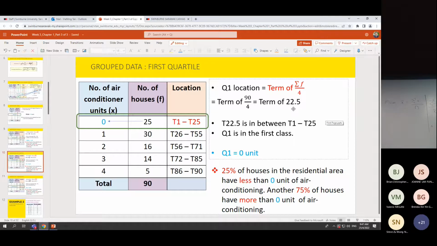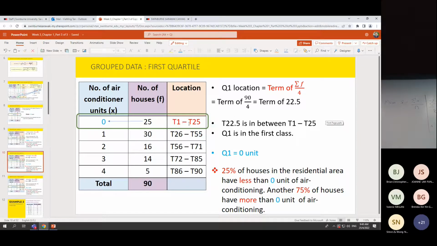So far so good? The next step is to identify which class is the Q1 class. Let's start from class 1. Class 1 is from T1 to T25, and your Q1 is T22.5, so it is within this range.